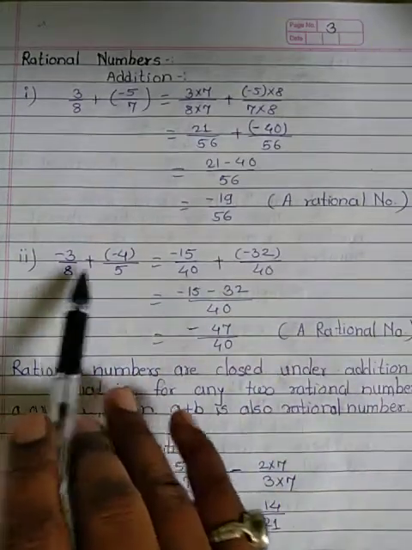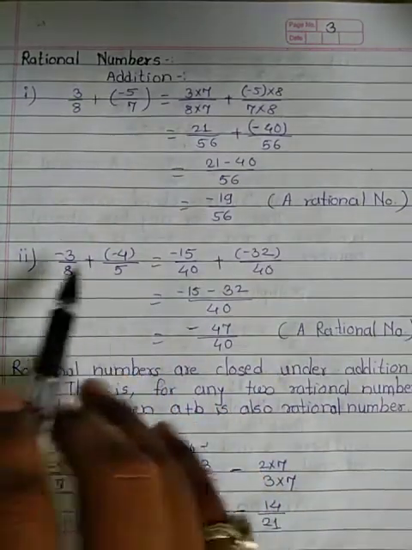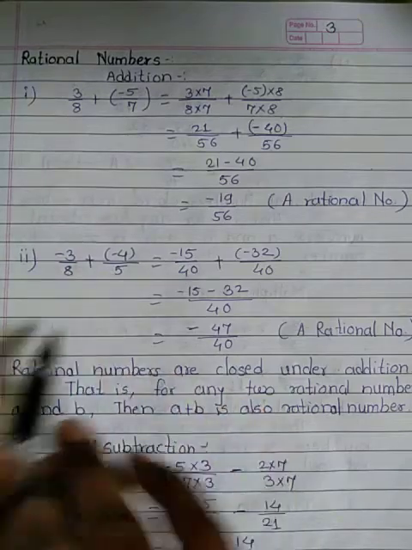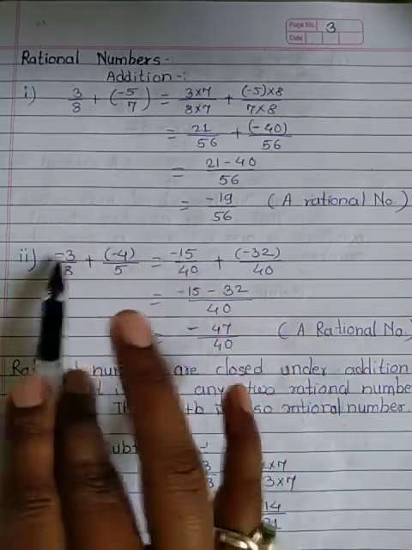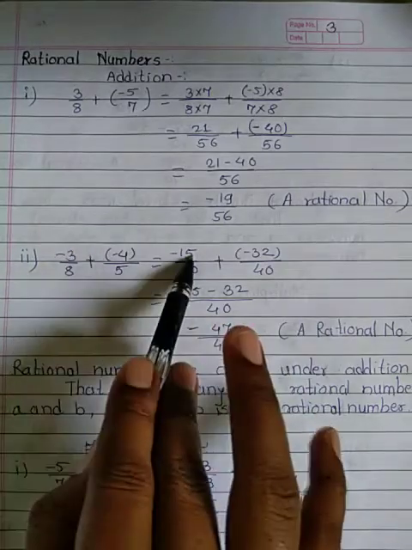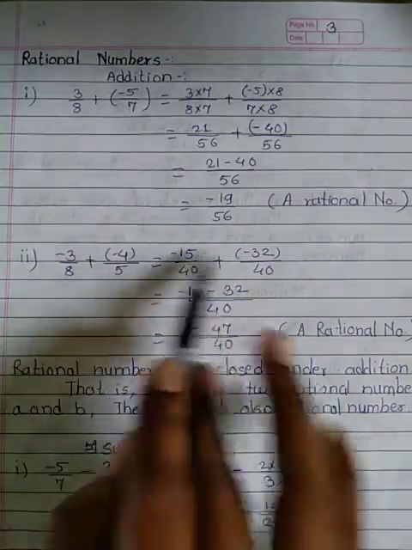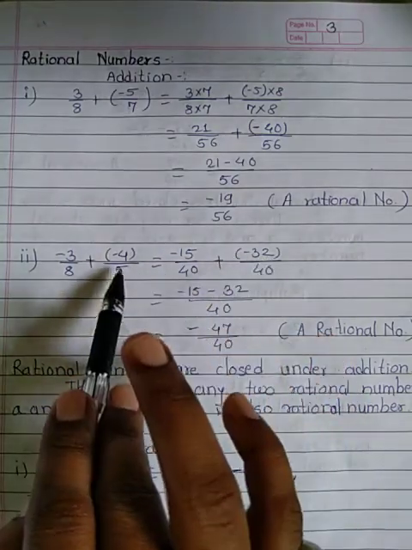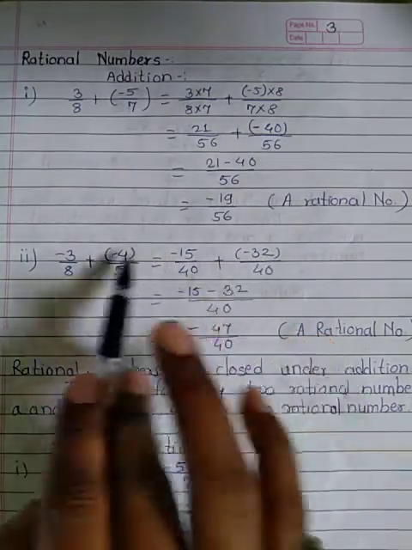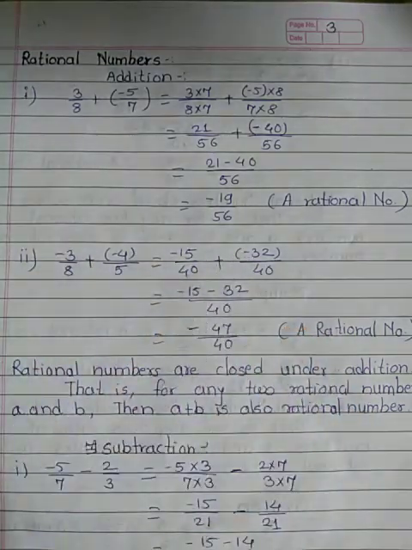Same thing whenever we have two negative rational numbers. See, 8 and 5 have no common factor, so we make the denominator 40. So 3 into 5 is 15, 8 into 5 is 40, 4 into 8 is 32 and 5 into 8 is 40, and we give the minus sign to both.